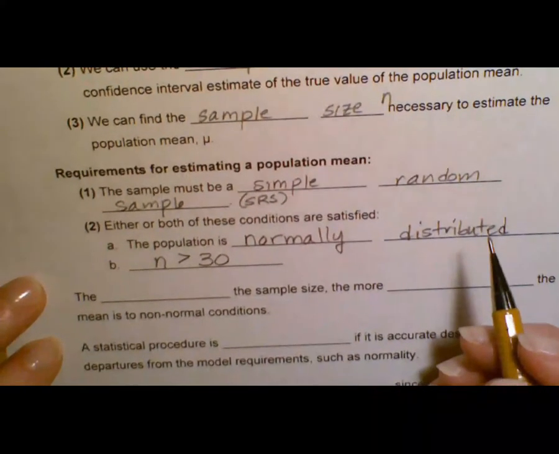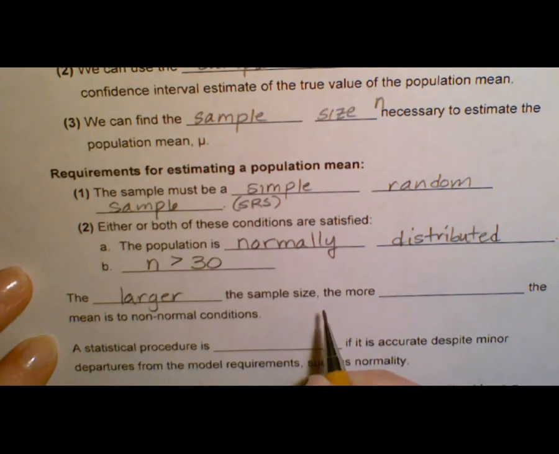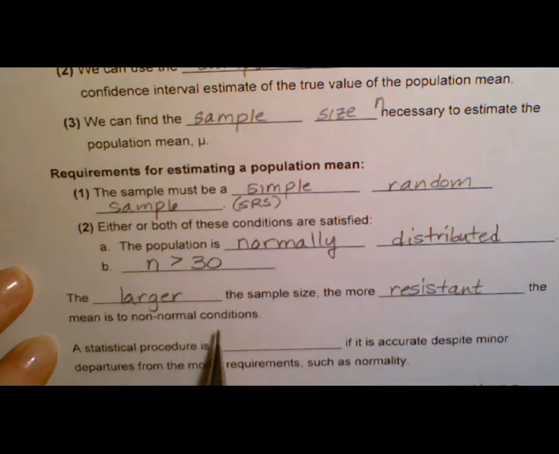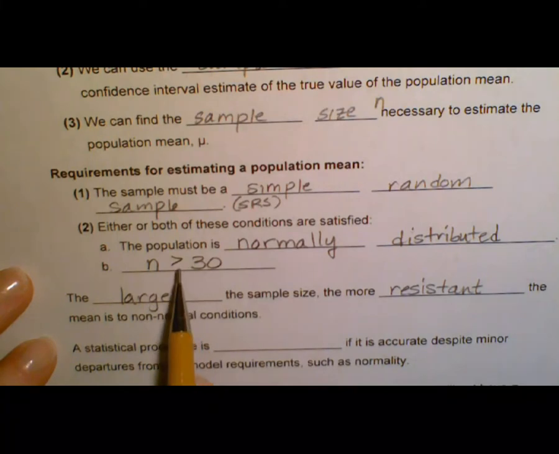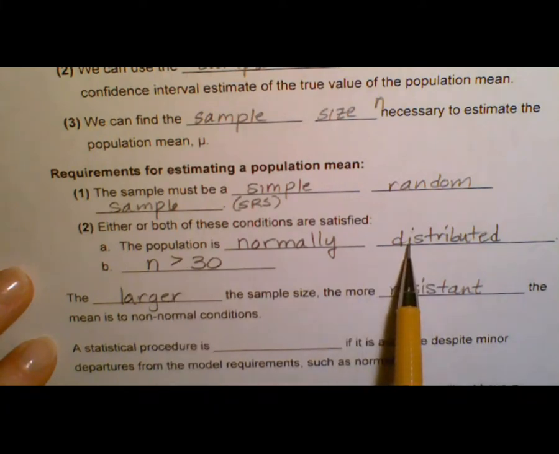Okay, the larger the sample size, the more resistant the mean is to non-normal conditions. All that says is if n gets bigger and you have a non-normal distribution, maybe it's uniform, maybe it's skewed one way or the other, it will, if your sample size is large enough, it will resist that non-normal condition.